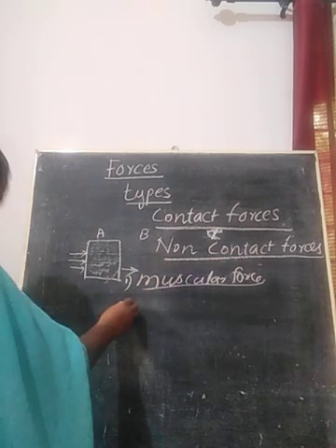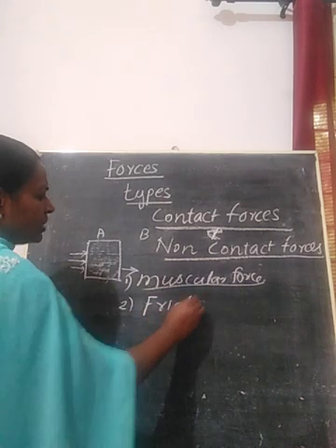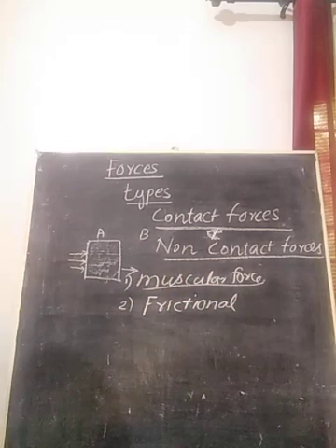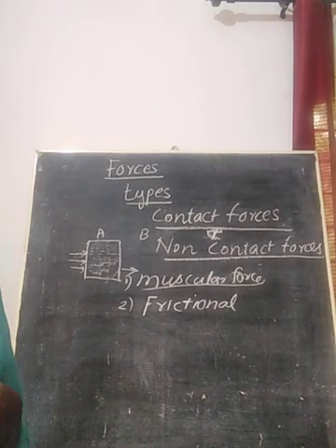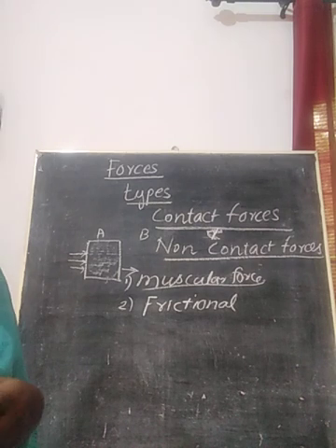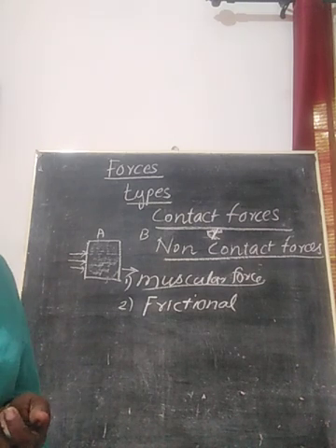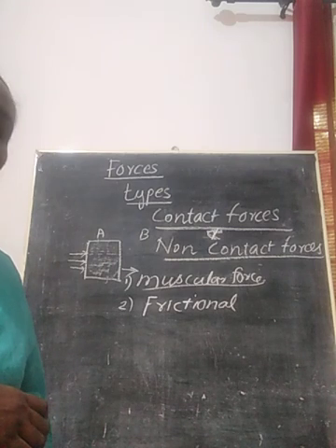The second type of force is frictional force, or force of friction. What is a frictional force? That is a force existing between any two objects that are in contact. Suppose you kick a ball, the ball will not roll forever; finally it comes to rest.